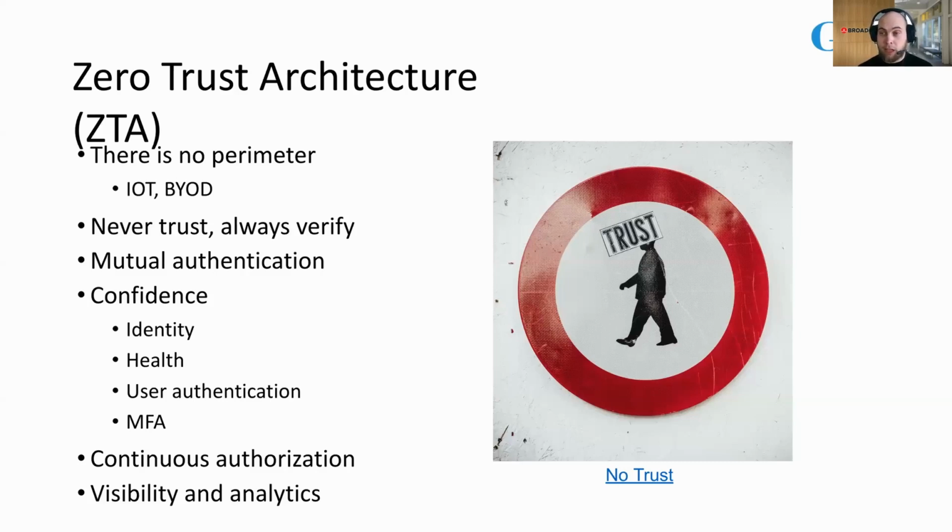So one of them is the identity, so who exactly is the user or service accessing. Health, so whether it's in a good state, limiting the risk of being exposed by, for example, some virus that's residing on the machine.